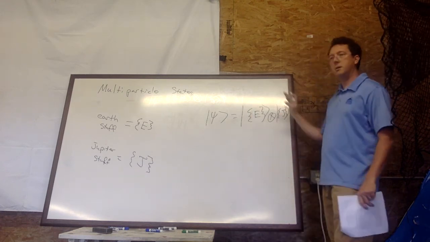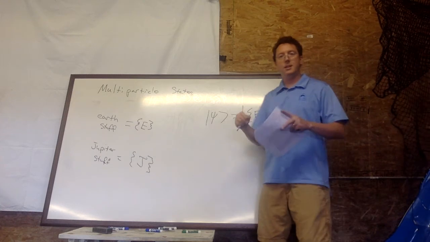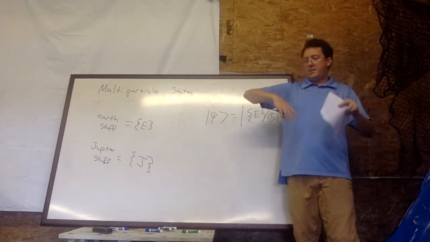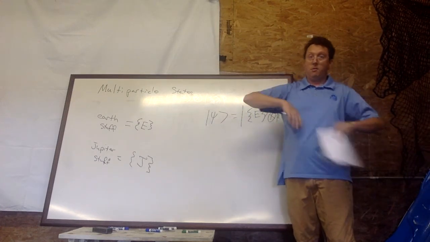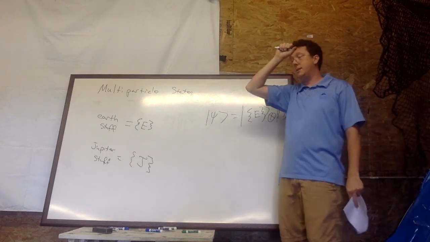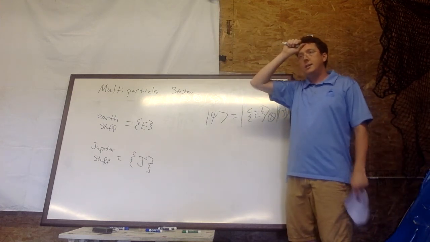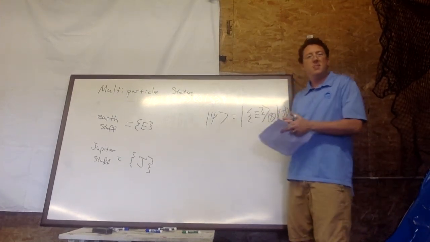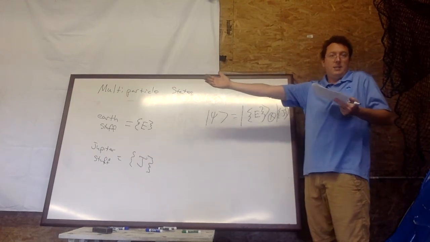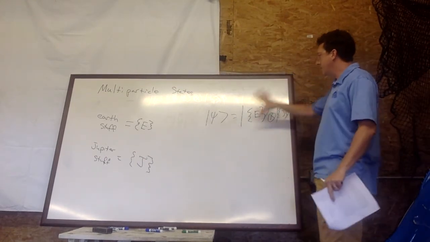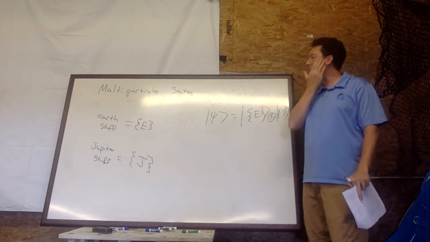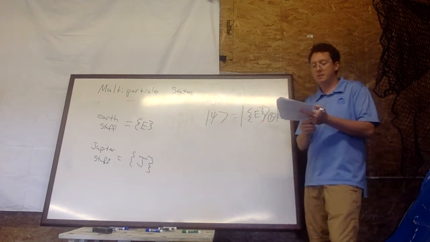I'm going to posit that separate degrees of freedom that don't in any way that we can tell interact, that combined system must live in a tensor product space. I'm just going to make that as a posit.